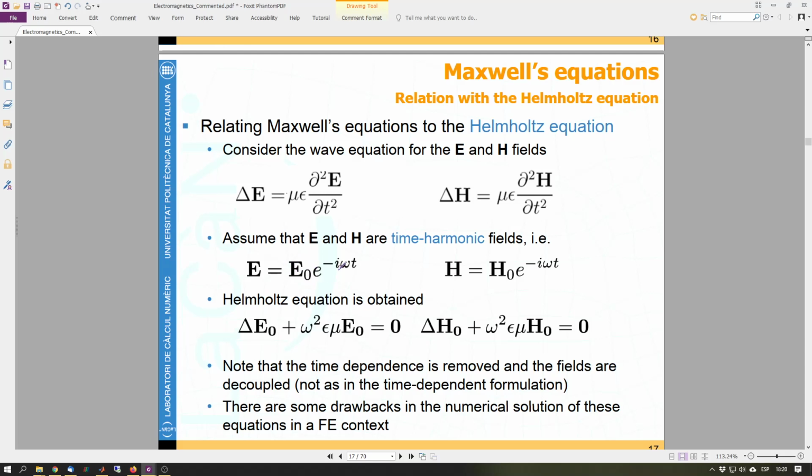Right? Doing this wave equation with this assumption, we end up with the Laplacian of E0 plus omega squared with i squared. So this becomes a minus, which becomes a plus, and then we get this equation, which is the Helmholtz equation for my electric field and the Helmholtz equation for my magnetic field.